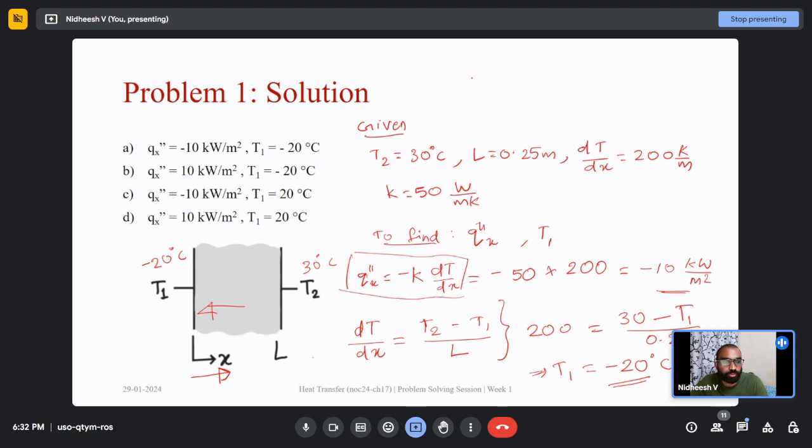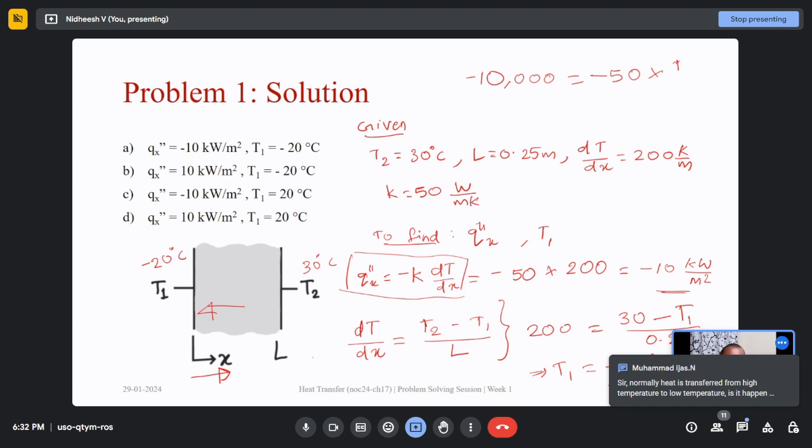Q of x would be minus 10 kilowatt per meter square, right? In terms of watts, it would be minus 10,000, which is equal to minus k, where k is 50, into dt by dx.